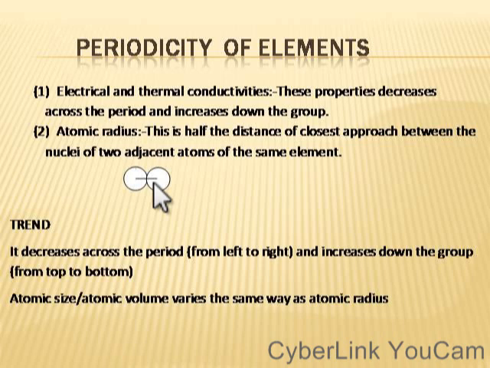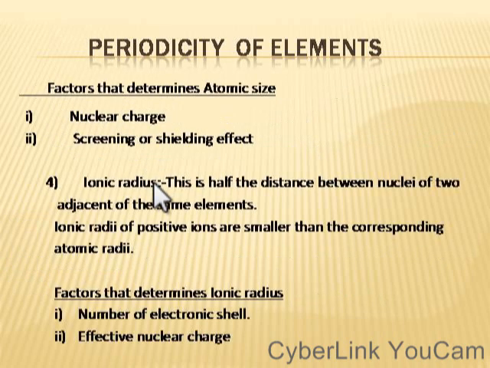So as this shielding effect increases as a result of increase in the number of shells, the repulsion also increases, and the size will also increase. These are the two factors that I've just explained.